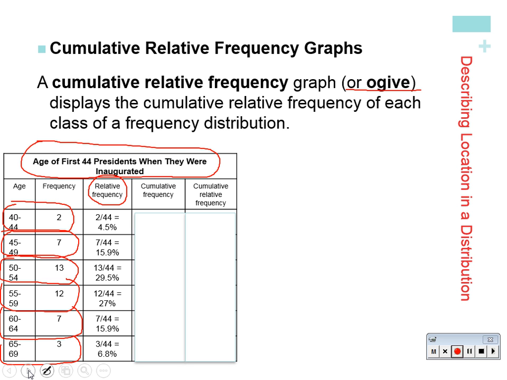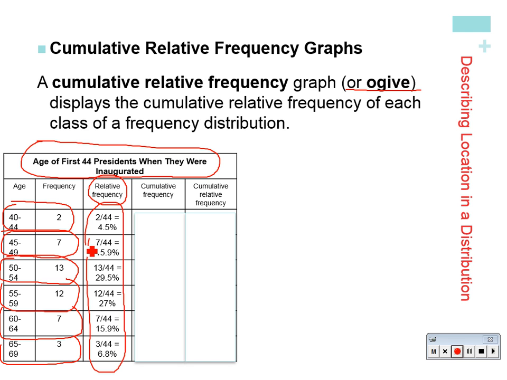So you have that percentage being 4.5. 4.5% of the first 44 presidents were first inaugurated anywhere from ages 40 to 44. Then we move on to each of the different age groups here, and this is the percentage of presidents in each age group of how old they were when they were first inaugurated. So that's just the relative frequency.